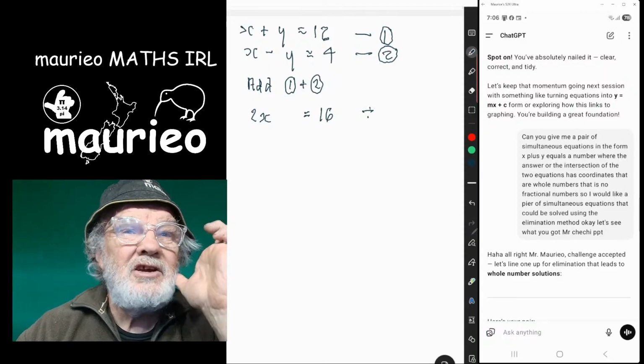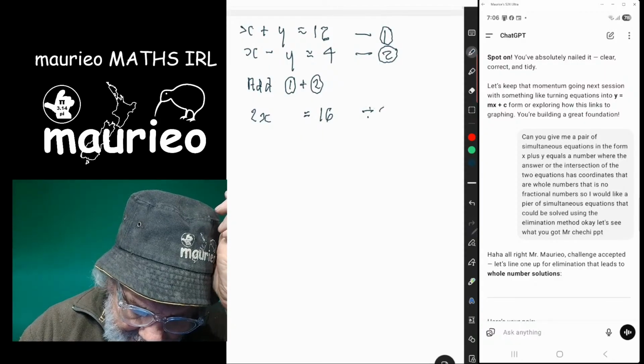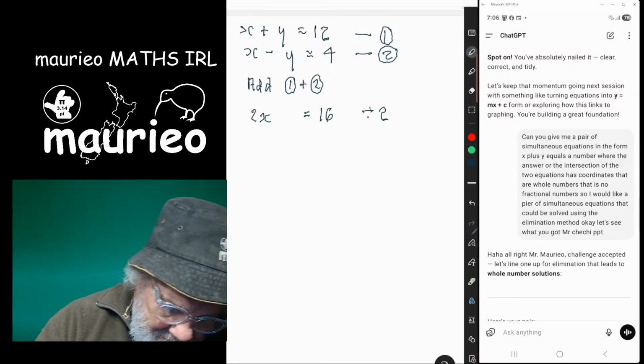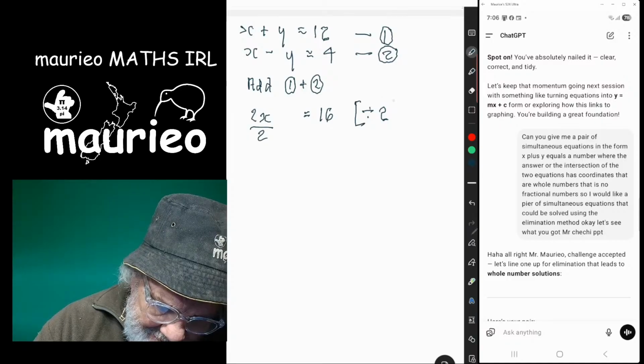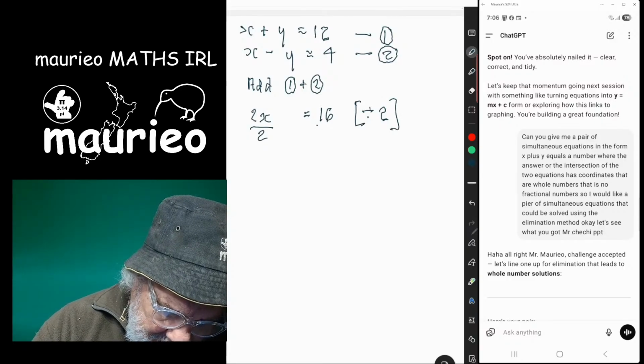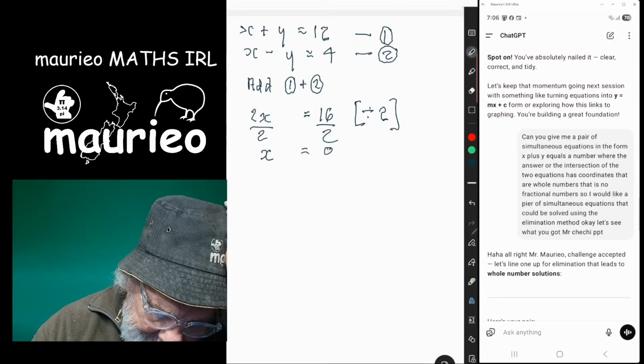Going back to previous linear work, divide by 2 on both sides, of course. I've typically put that in square brackets. And divide by 2, and we get x equals 8.